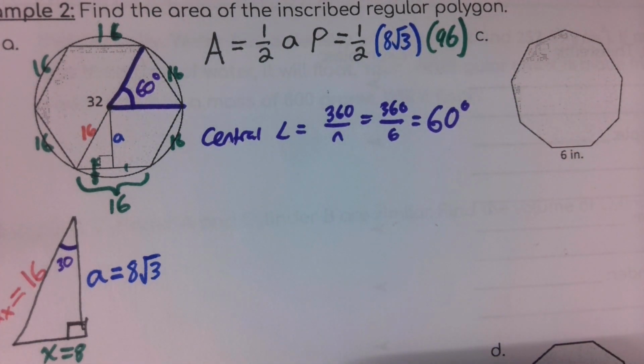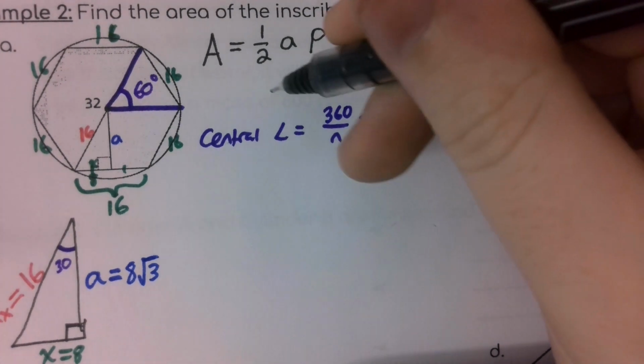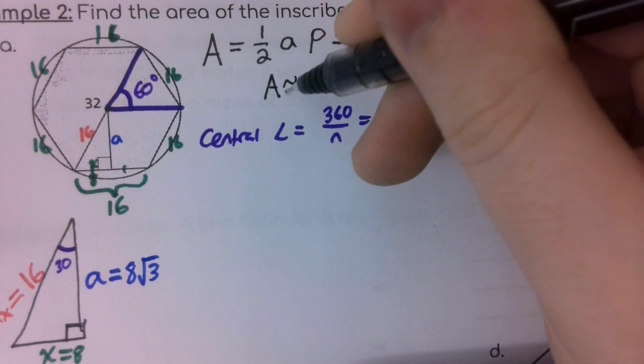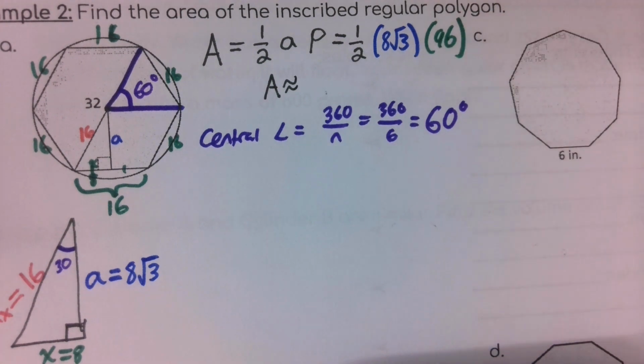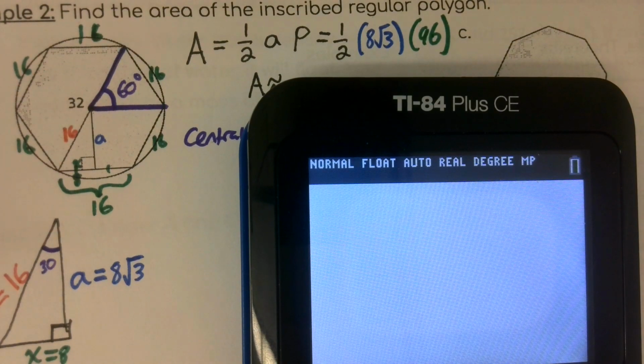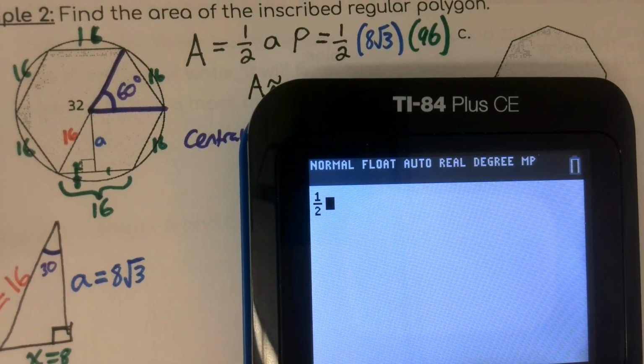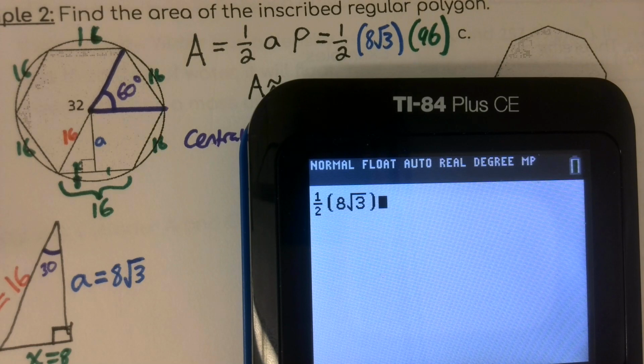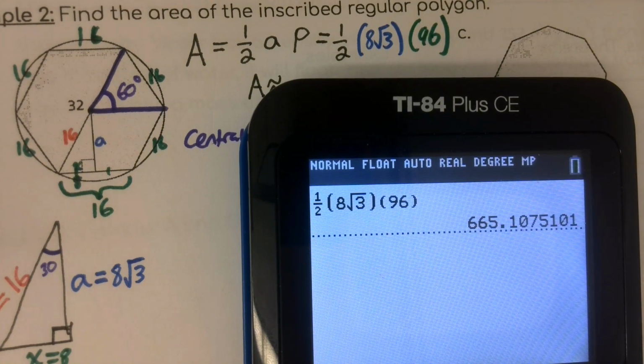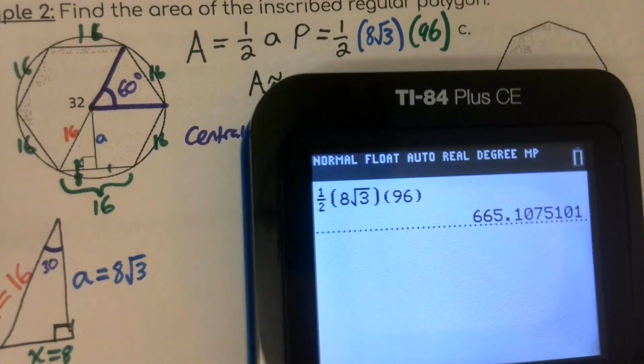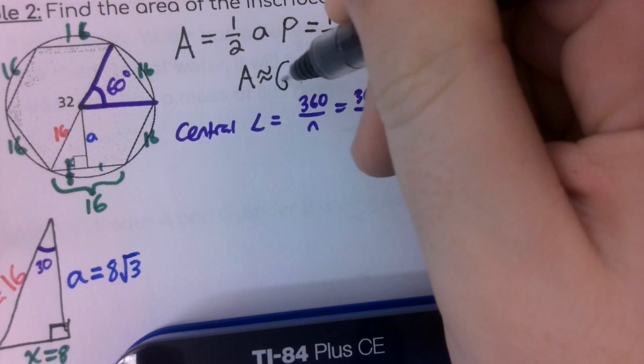So the entire area for this big shape here is just going to be 1/2 of 8 root 3 times 96. If we plug that all into our calculator, 1/2 of 8 root 3 times 96, 665.11 is our area.